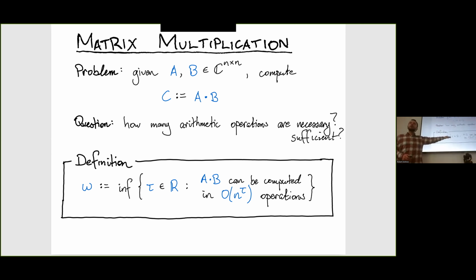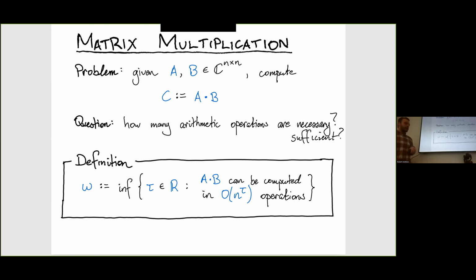And then we take the infimum of all these tau. So for example, if omega is 2, maybe there's not an n squared time algorithm, but you can get n to the 2 plus epsilon for any epsilon. So we measure progress on designing matrix multiplication algorithms in somewhat of a coarse sense using this omega. This is in some sense ignoring these subpolynomial factors in the complexity.